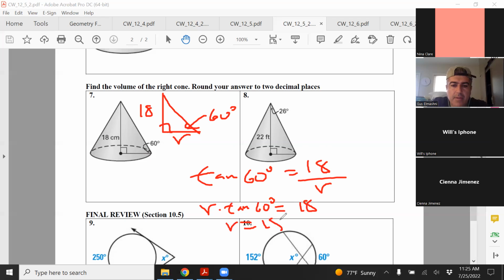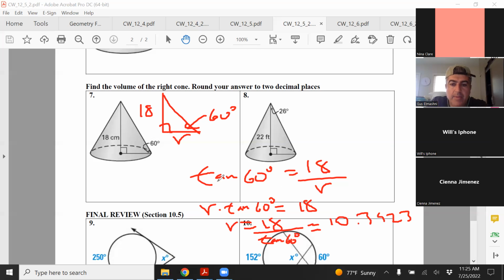Solve for r. Yeah, you get 10.4 or 10.3923, we'll say.